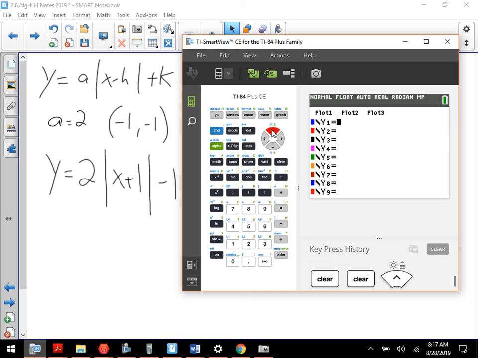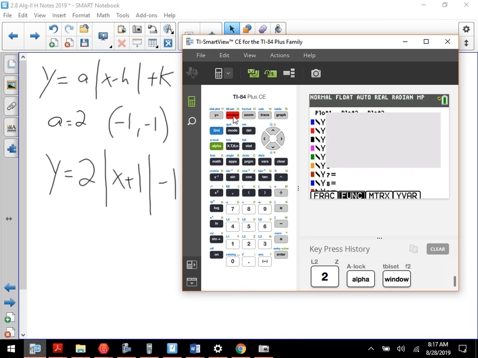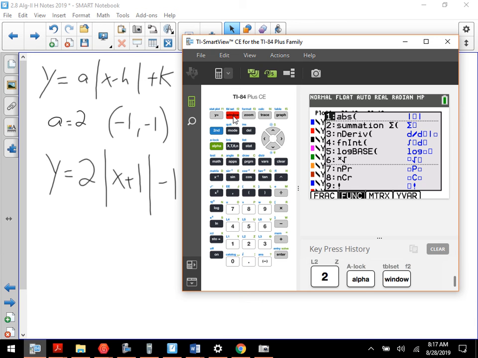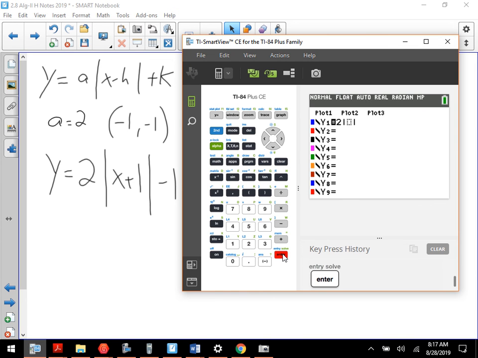What I would do is put in 2, then alpha window, option 1. If you hit alpha window, enter, that gets you inside the absolute value. It just looks like little uprights. Then I would type in my x plus 1, and then I have to move to the right to get outside of the absolute value, and then I write minus 1, and then I'm going to graph it.